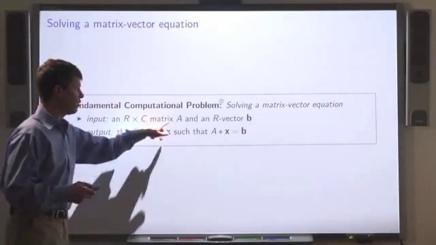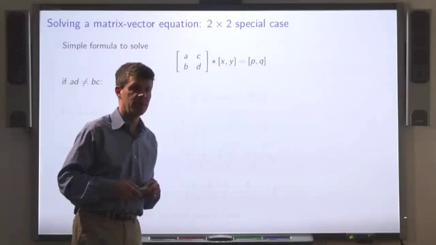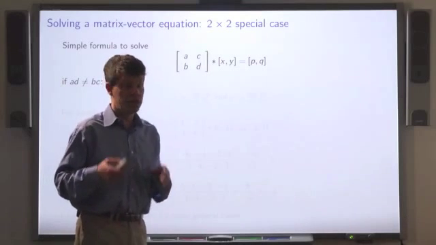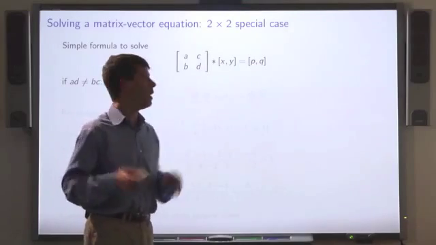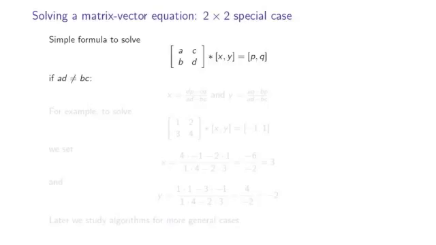The input is a matrix A and a vector b, and the goal is to find a vector x such that A times x equals b. Here's a way to solve the special case where the matrix is 2 by 2. To solve an equation of this form, we require that ad is not equal to bc.